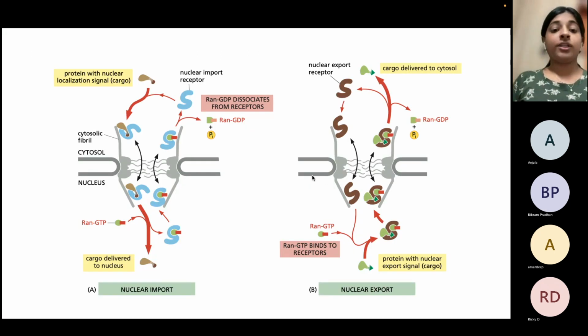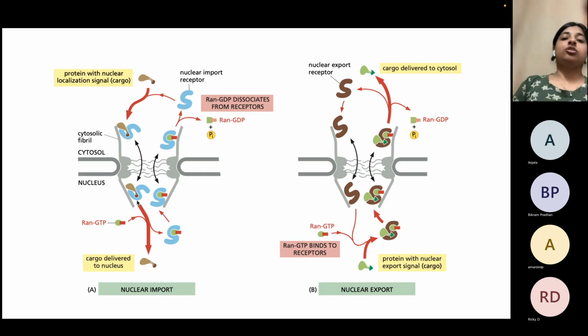So let's look at how nuclear import happens. Say there is a transcription factor that needs to be transported into the nucleus. So there is a cargo. It has a nuclear localization signal, which means that the cell knows that this needs to be transported into the nucleus. There is an import receptor that specifically recognizes this and binds to the nuclear localization signal. Once this is bound, the import receptor and the cargo move into the nucleus.